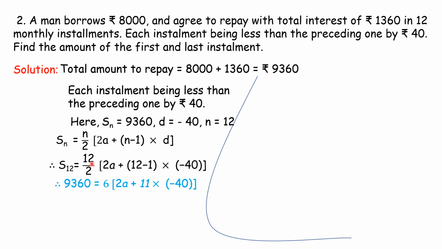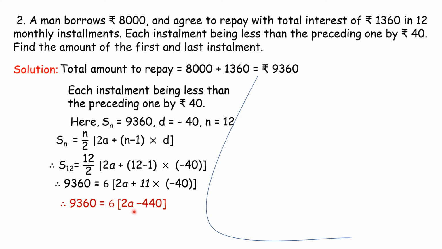Now next step, left hand side as it is, 6 as it is, 2a minus 440, 11 into minus 40.